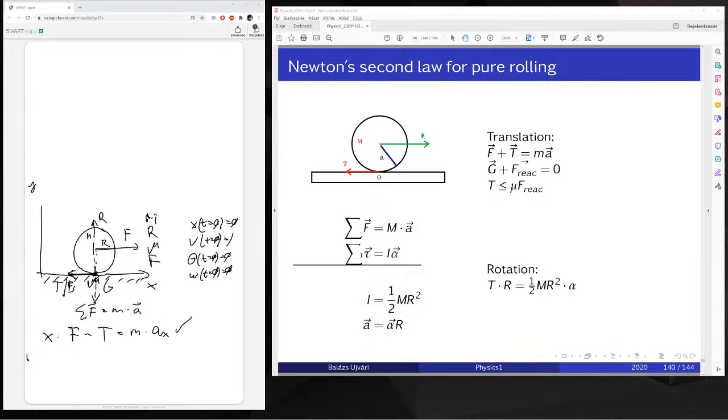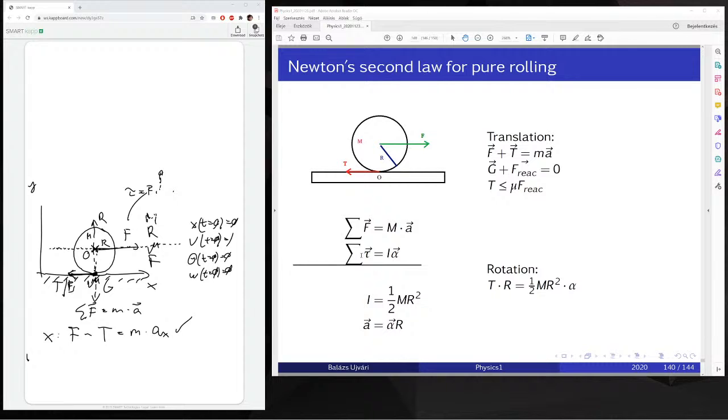You can draw the line of action of the F force, and since it goes through the axis of rotation, which is the center of this cylinder, the torque from F is 0, since F times d is tau, and since d equals 0, this is 0.